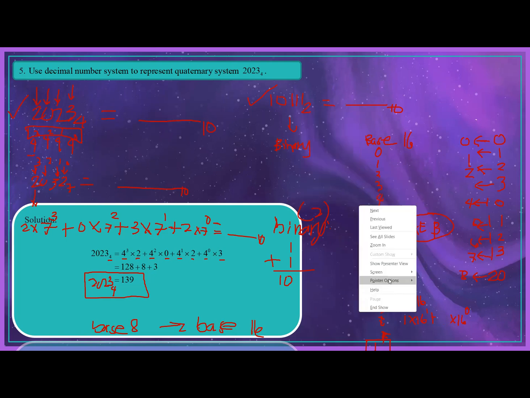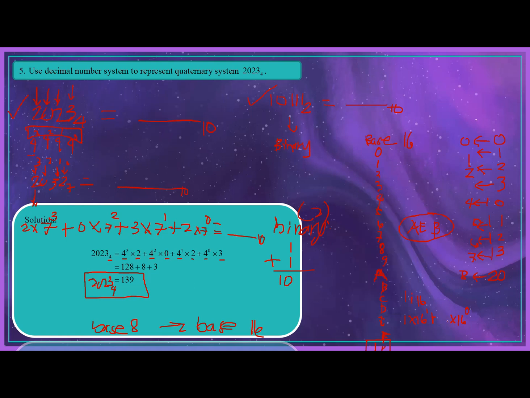So the equivalent is 17. Yes, F would be the last. So F would be your number 15. This is your 15.